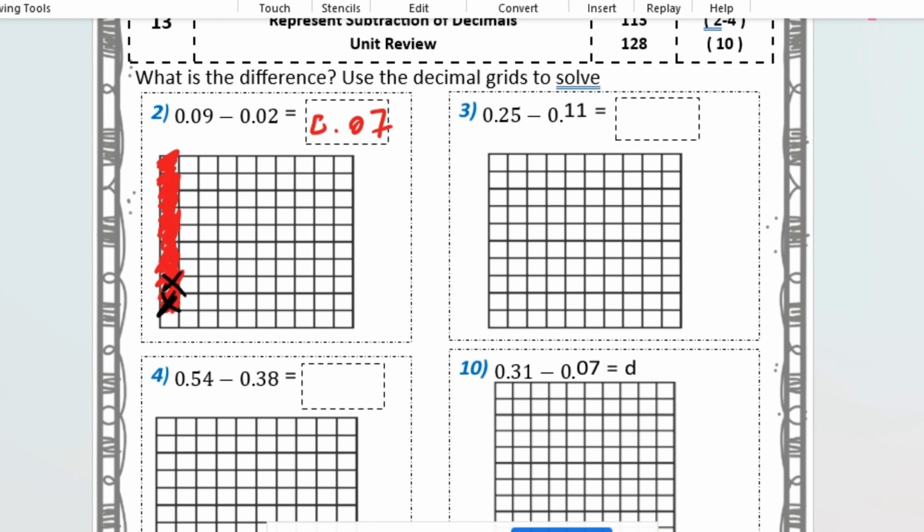Okay, now similarly we've solved this. 0.25 minus 0.11 is 0.14 because it's 25 minus 11 and you just put the decimal point.